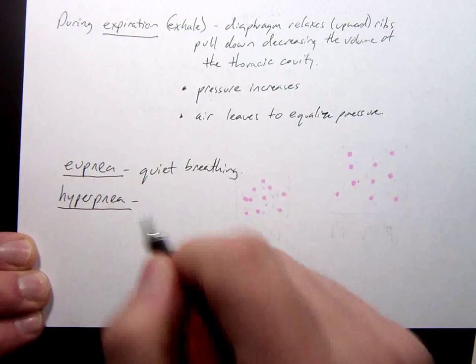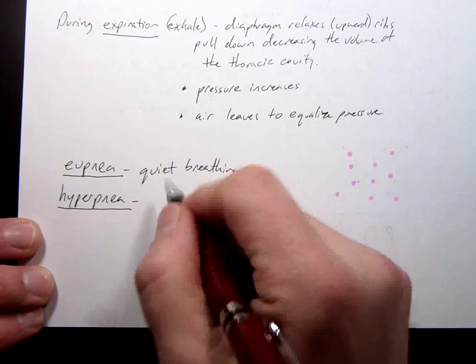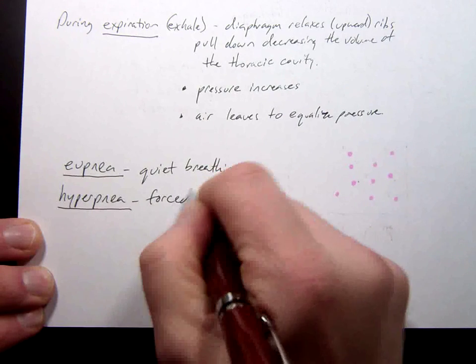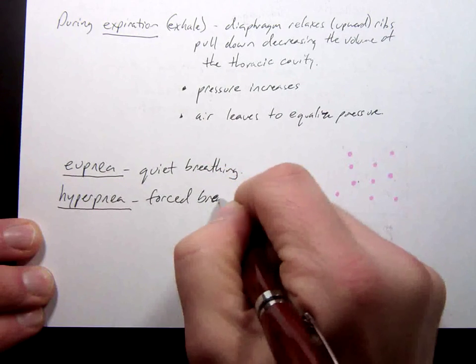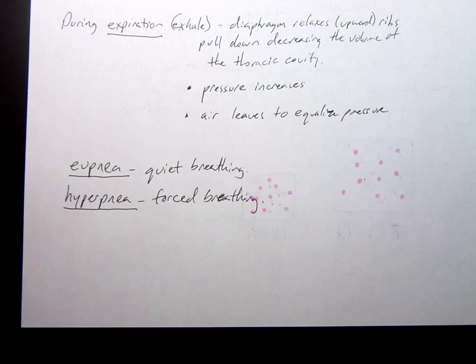and you probably have, you've gone through hyperpnea, which is forced breathing. After an athletic event or something that really took a lot of energy out of you, you have to really breathe hard and fast to get it back. Now, it's not so important to me that you memorize all of these muscles. I just want you to know that there's several more muscles that are involved in that. You can feel it too.